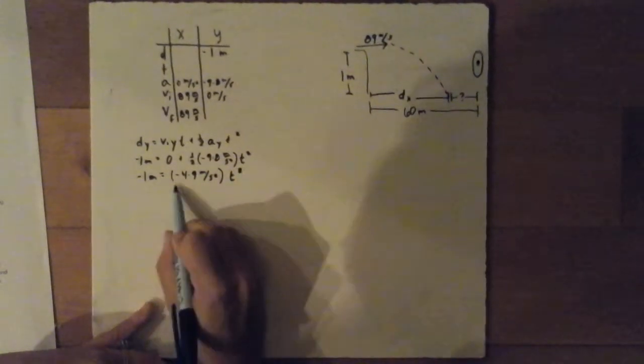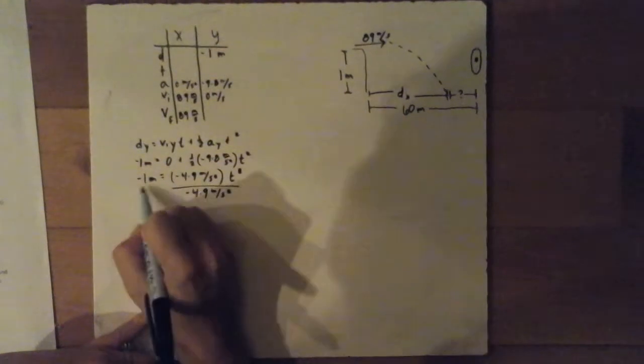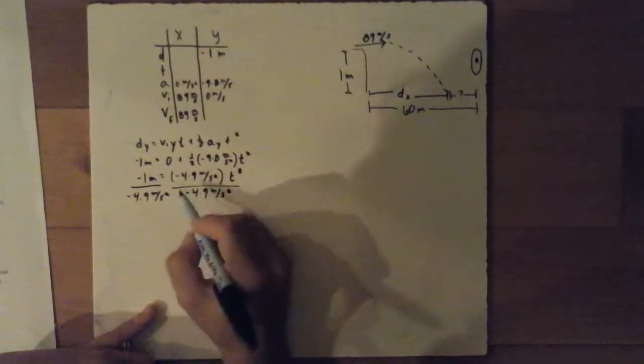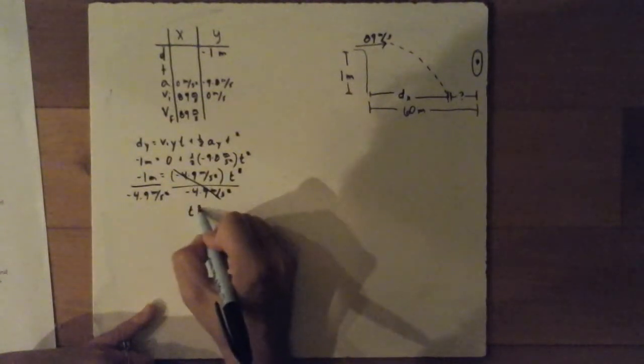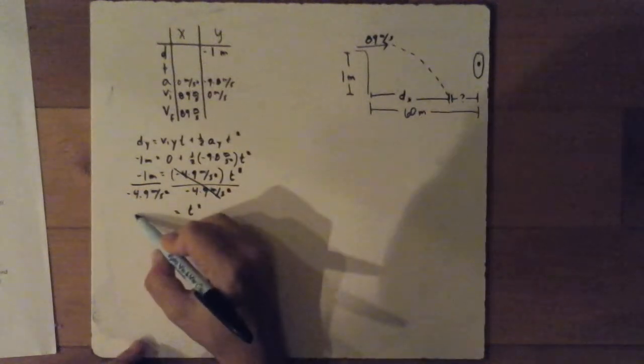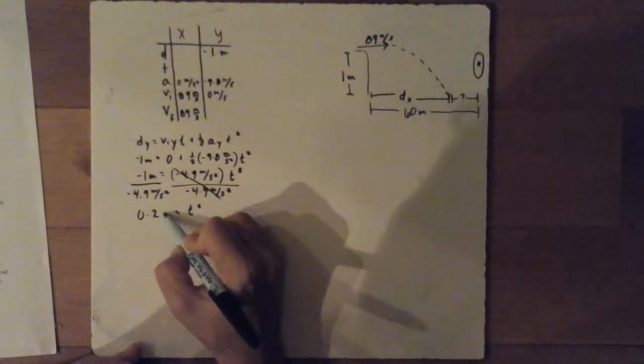To get time on its own, I divide on both sides by what it's multiplied by. That would be 0.2 seconds squared.